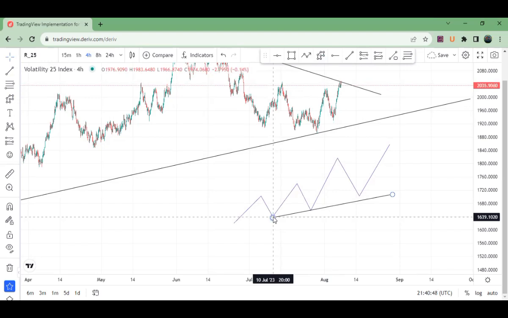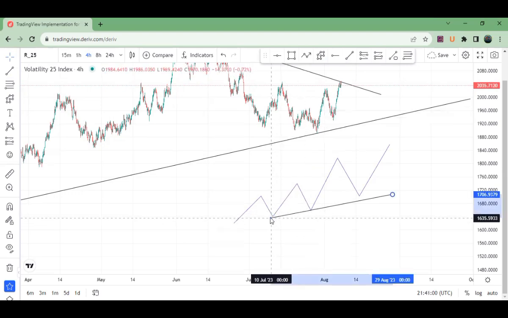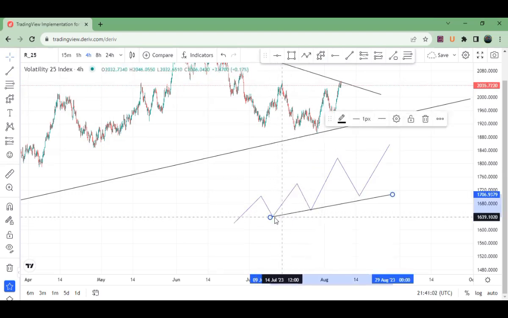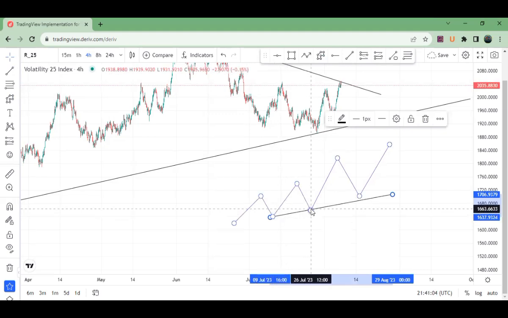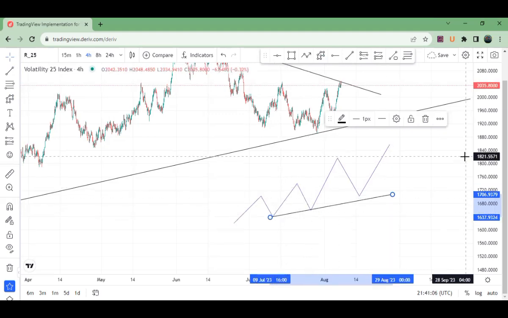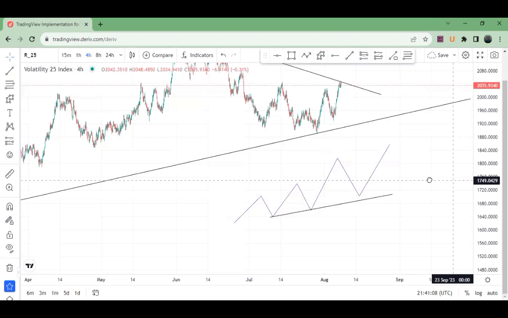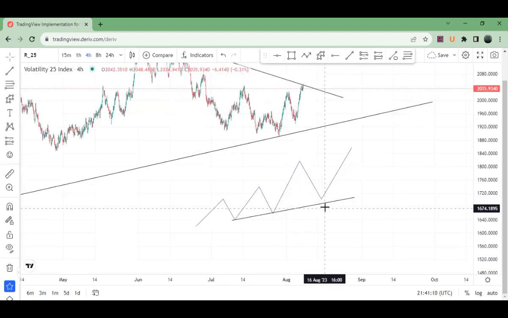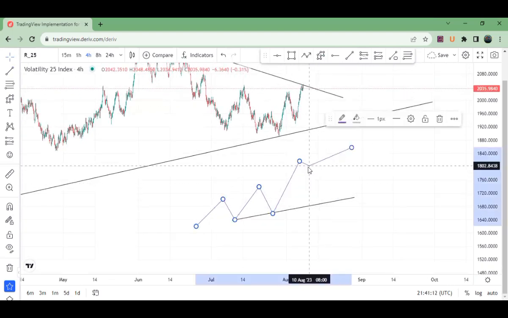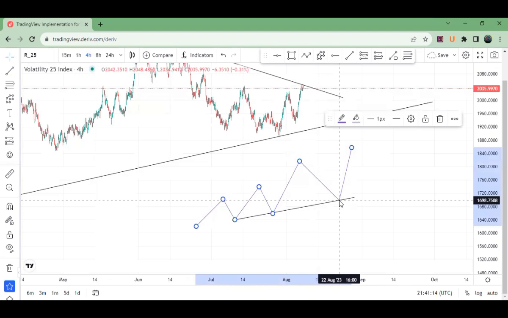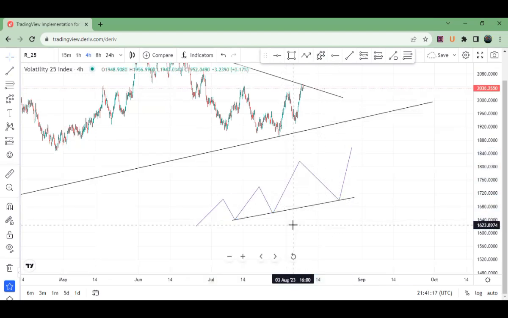By the time I start teaching the trendline strategy, I'm going to teach you something new and strange in it. But for now, we're talking about how to draw your trend line. You want to make sure you have at least two touches. This is one touch, this is a second touch, and then drag it to the future. As you drag it to the future, you want to see how price will react anytime it comes back to that trend line.